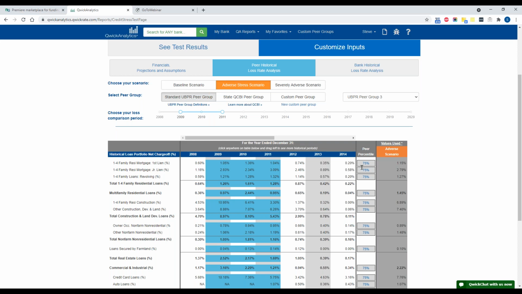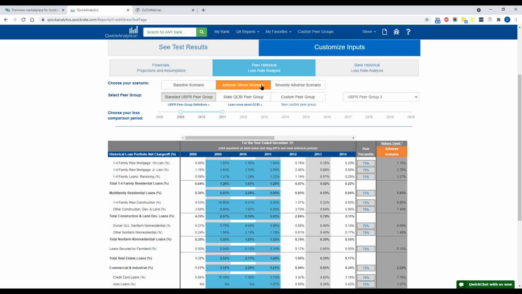So they defined worse than most as 75th percentile for an adverse scenario and 90th percentile loss rates in the severely adverse scenario. That's designed to be extremely punitive in the severely adverse scenario. That's why we default to the 90th percentile, but it's designed to be very, very worst case, or honestly even almost worse than a worst case scenario.